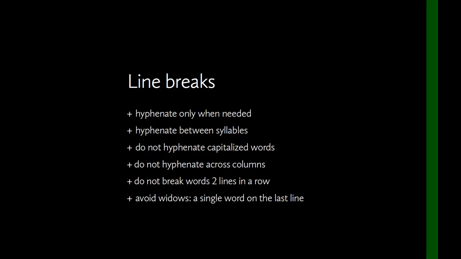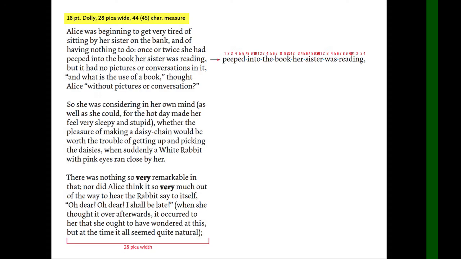So that is how you get your character count when you're figuring out the measure of your lines. It's very important to do this, especially when you're first starting out laying out text. After you've been doing it for a couple years regularly, you start to get more of an instinctive feel for when your measure is too small or too wide.